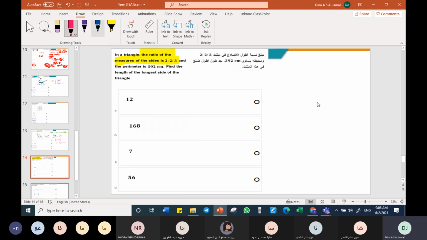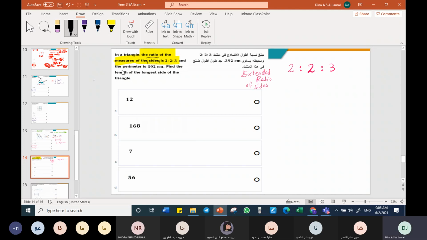That means he gave you extended ratio. Remember when we did it in the lesson? And this will be, pay attention, the extended ratio of the sides, not the angles. Read the question carefully in the exam.